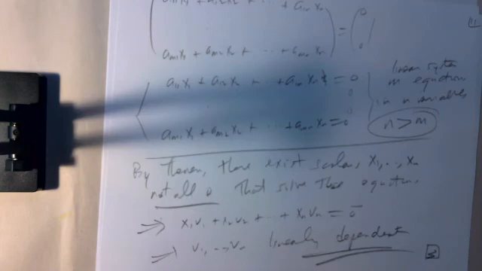The ones that are linearly independent are like the opposite. You have a set of vectors. They're either dependent or independent. It's one or the other, but not both. I defined linearly dependent, and if the vectors are not linearly dependent, then they are linearly independent.